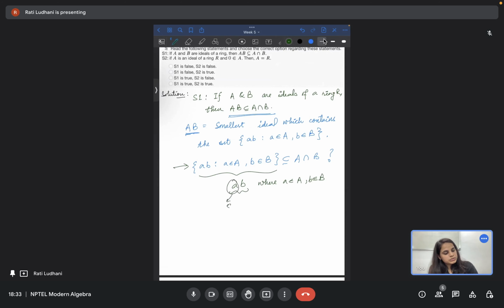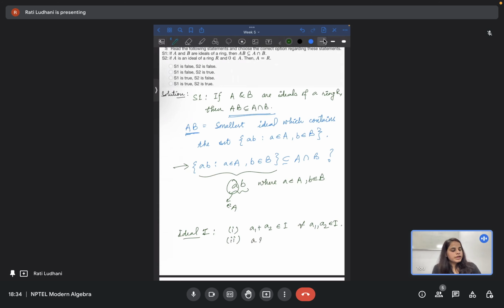In the definition of ideal, what do we have? Let's say I is an ideal if it satisfies two properties: a1 plus a2 belongs to I for all a1, a2 belong to I, so the sum of any two elements should be in your ideal.